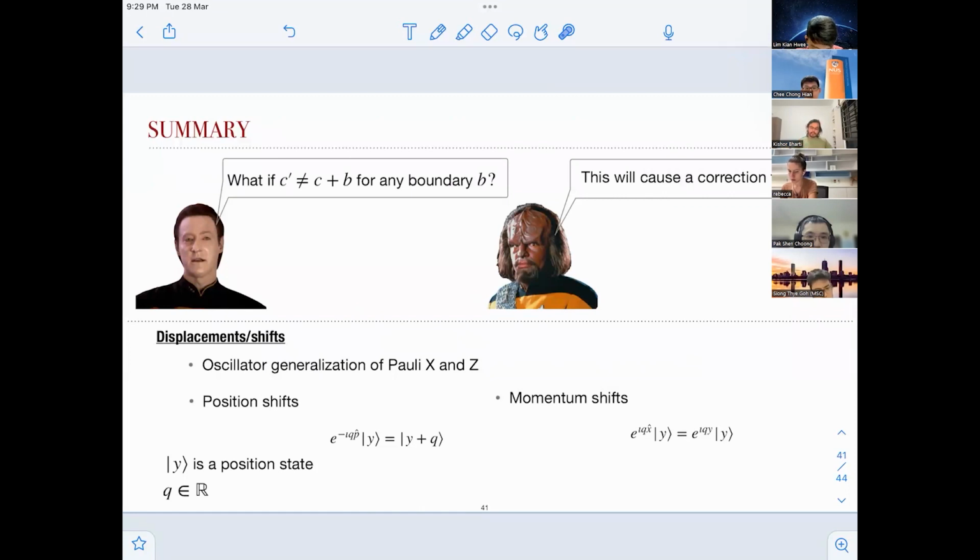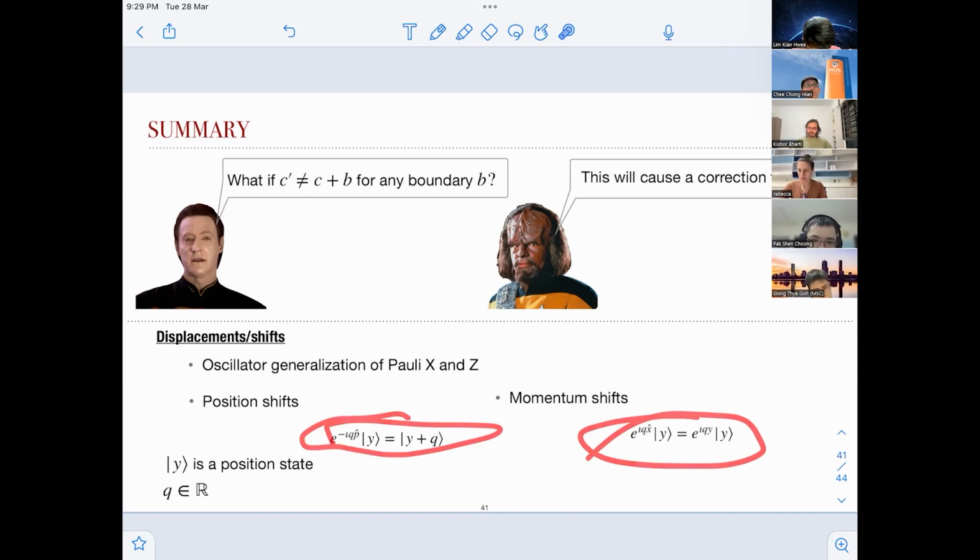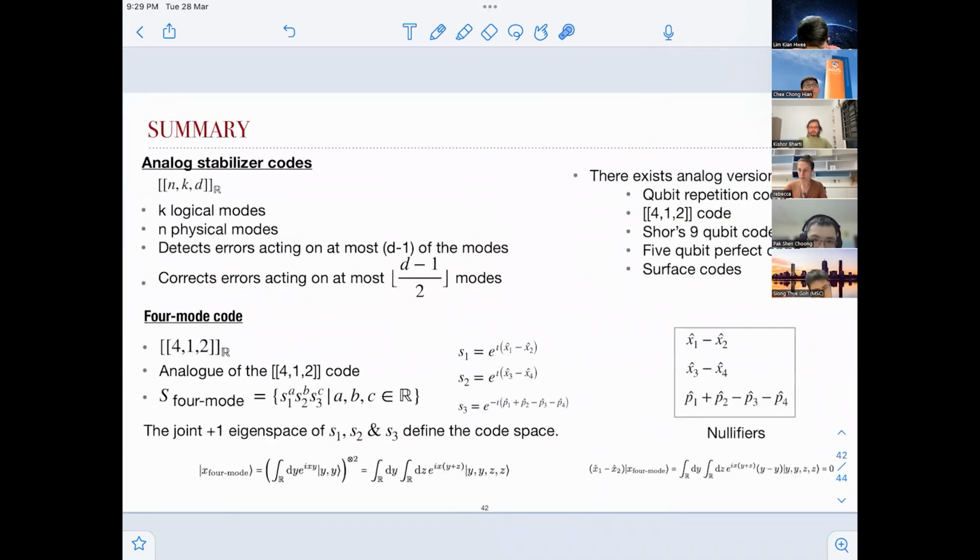And then we discussed the Bosonic codes, where we talked about displacement and shift, the position shifts and momentum shifts, which are the oscillator generalization of Pauli X and Pauli Z. Then we discussed the notion of analog stabilizer codes, where you use n physical modes to encode k logical modes, and you can detect errors on at most d-1 of the modes and correct errors on at most (d-1)/2 of the modes.